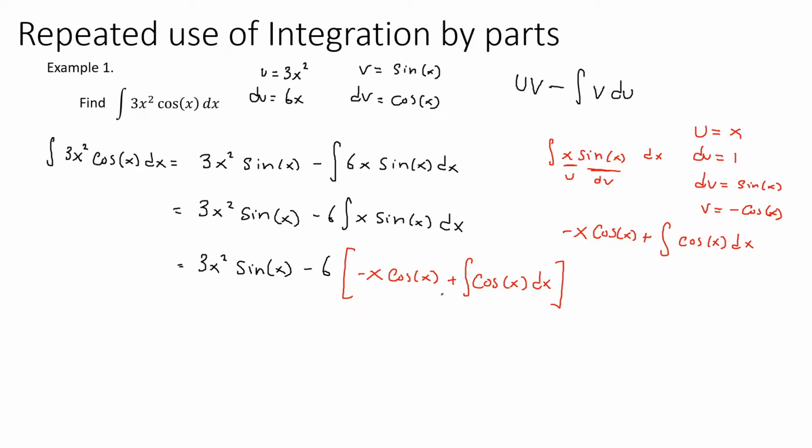Now, let's distribute and integrate this cosine. We'll have our answer. So I'm going to start with distribution first. We'll have positive 6x cosine of x minus 6 times the integral of cosine of x dx.